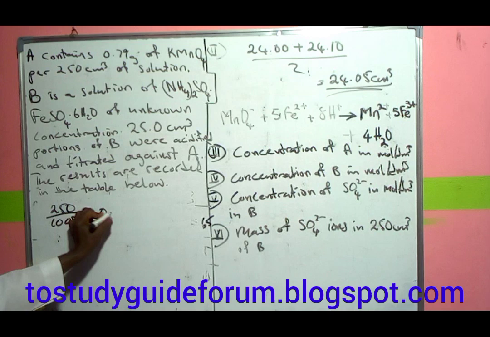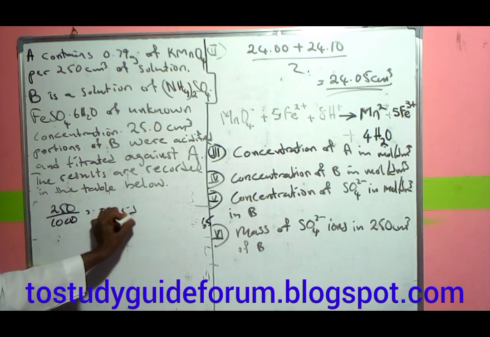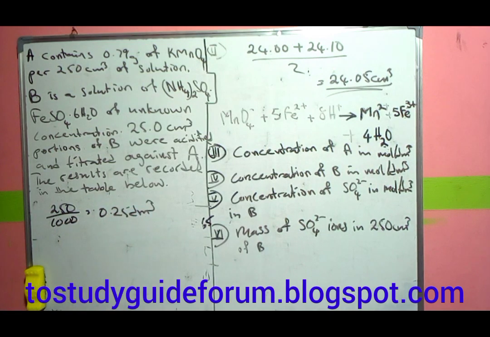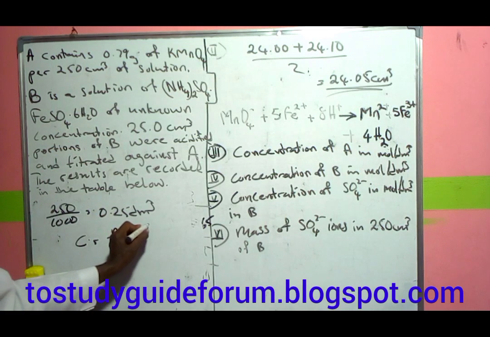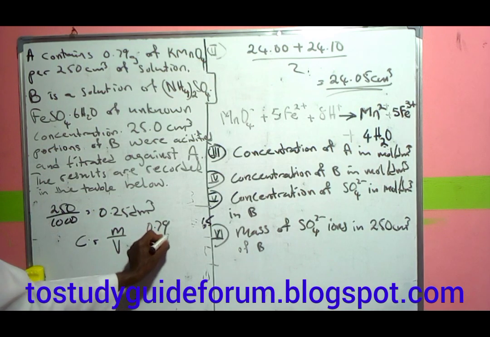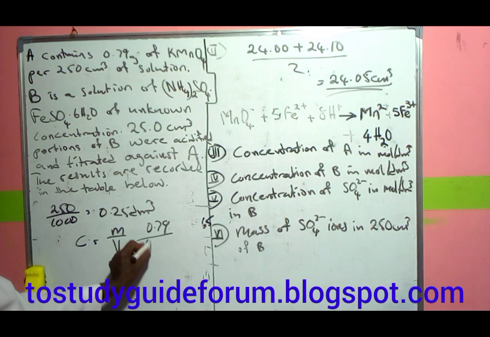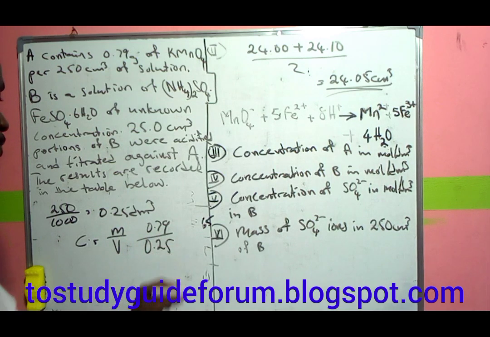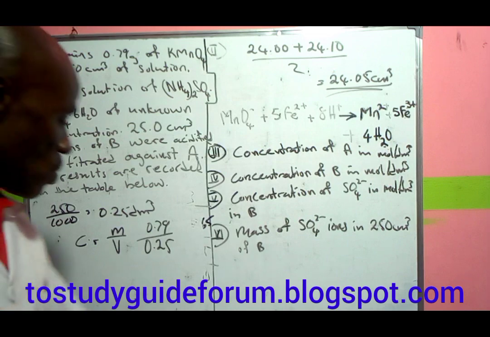Then we have 0.25 dm cube. Is that okay? Now we know that concentration, which is C, is equal to mass over volume. The mass we have there is 0.79 over volume, which is 0.25.